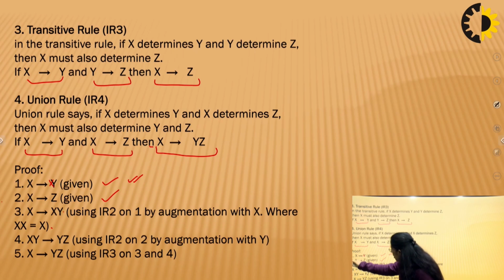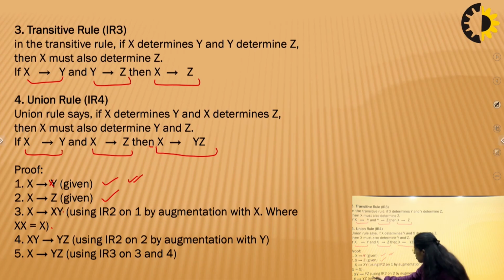This is coming from here only. Next, in this rule again augmentation is applied, then y is added on both sides in this particular second given functional dependency. Last, using these two, we can say yz is functionally dependent on x.